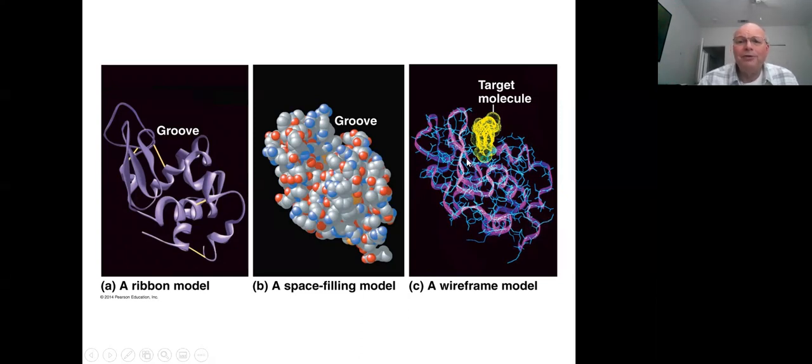And pharmaceutical companies particularly pay a lot of attention to the wireframe model because it allows them to model the target enzymes or protein receptors that they might be trying to design a drug to target.